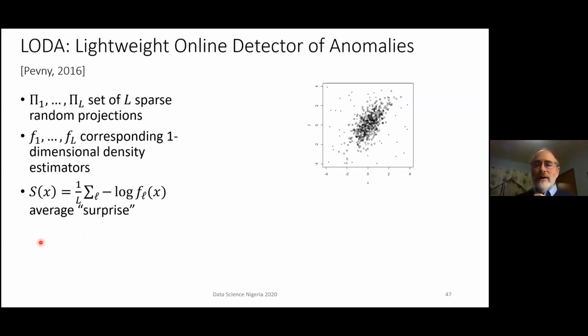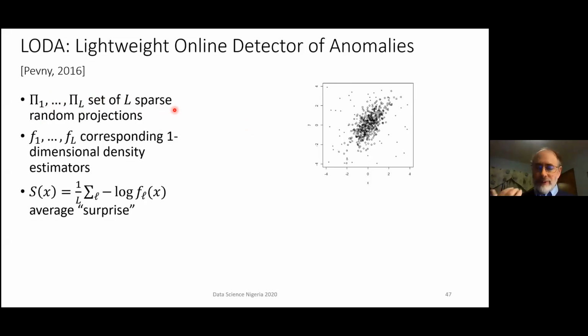Okay, the other interesting method that's relatively recent is called LODA, the Lightweight Online Detector of Anomalies. And this is by Pevney and was published in 2016. And the idea here is to create a set of L sparse random projections. Now, what it means to be sparse is that you choose, say, 3 features at random, and then assign normally distributed weights to those 3 features, multiply the weights times the features, and that gives you a single real value.